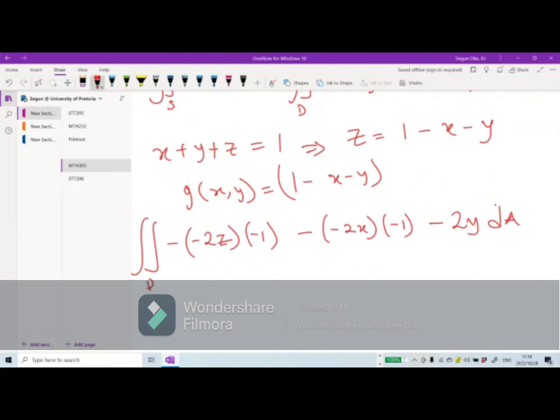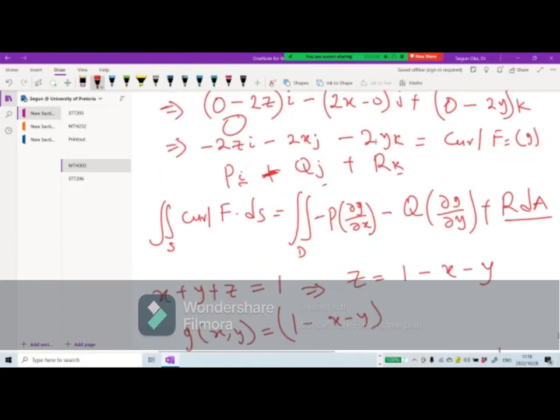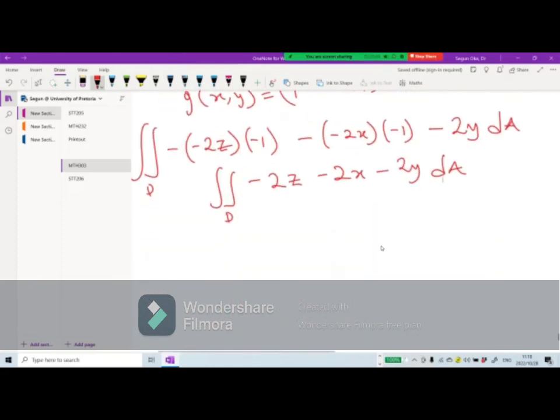So at the end of the day, when you open the bracket, you have negative 2Z, negative 2X, negative 2Y. The A is still the same thing we are trying to substitute here. So along the line, when you substitute what you have, some things will cancel out and some things will remain.